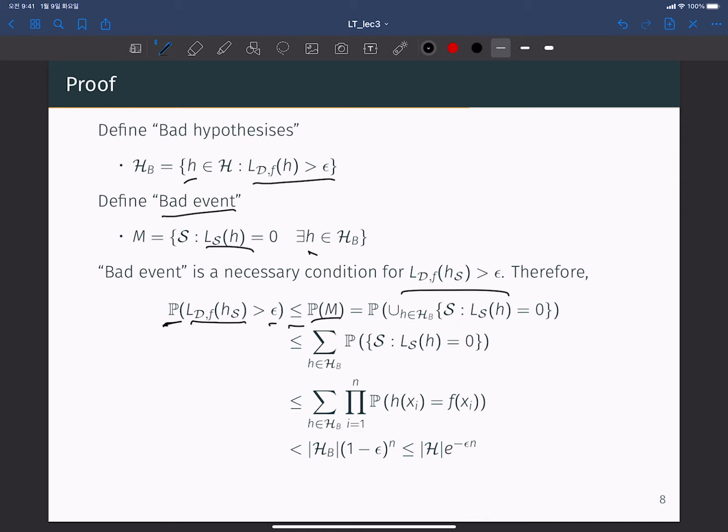And the probability of the bad event, because the bad event definition is that at least one hypothesis in the bad hypothesis set satisfies zero training error, is the probability of the union of the events L_S(h) equal to 0.